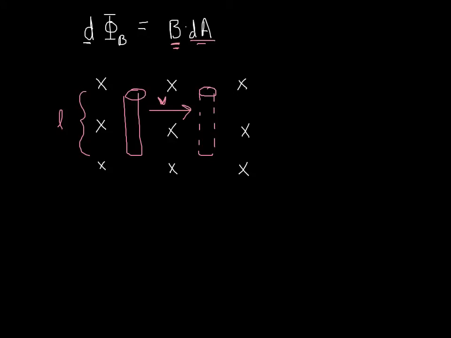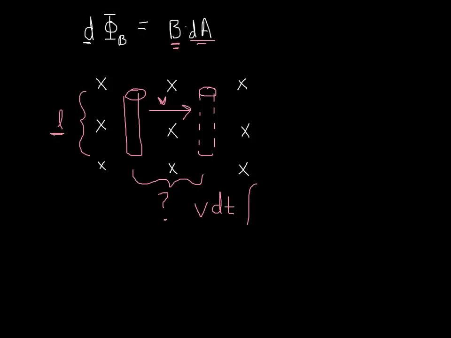To figure out dA, I know what L is. L is the height. Now I need to know the width that this has traveled. So what is this distance? Well, that distance is the velocity times the change in time, how long it took my little wire to be dragged that distance at its future time.